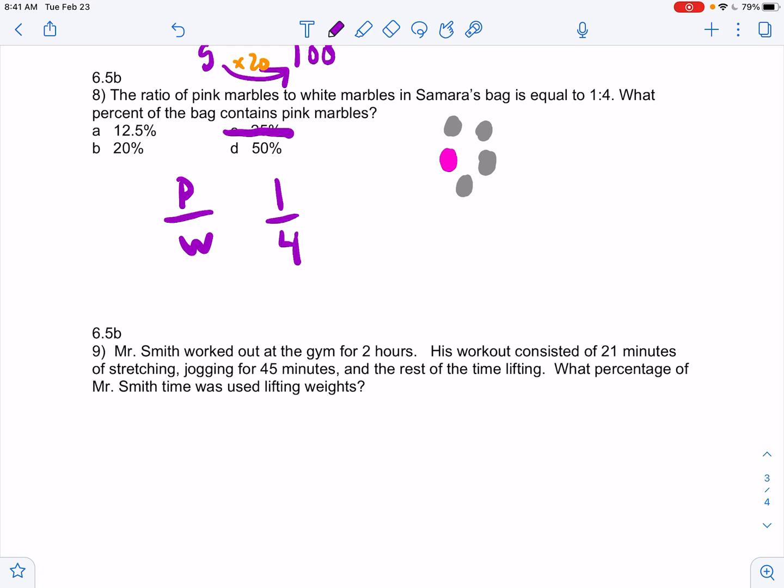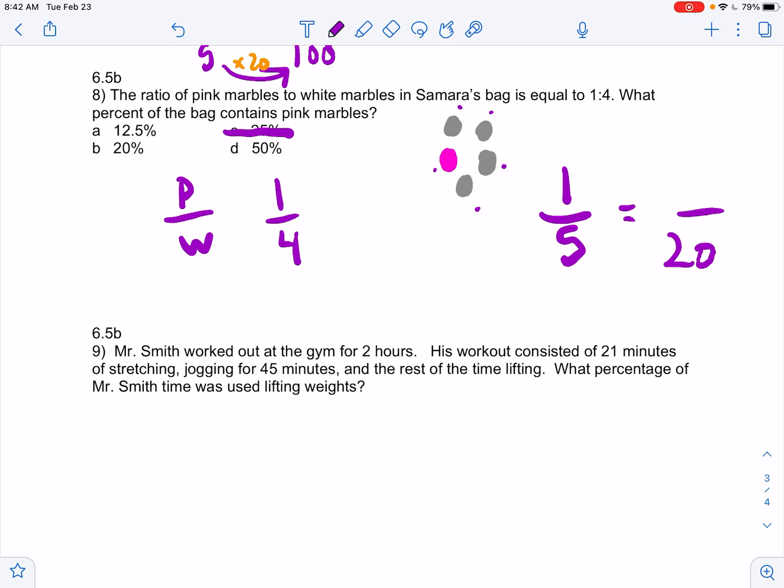How many whole total marbles are there? 1, 2, 3, 4, 5. 5 total marbles. Now they're asking us what is the percent of pink. So 1 out of the total marbles is pink, and now you can solve for your percent.